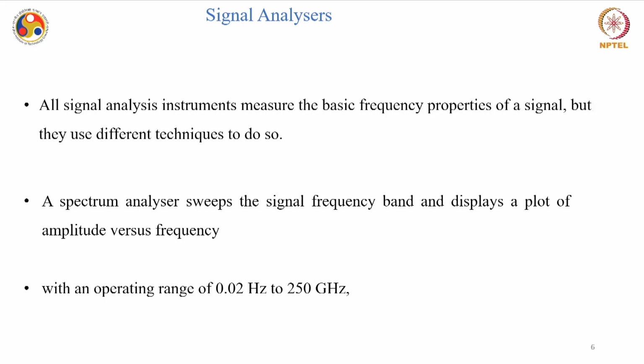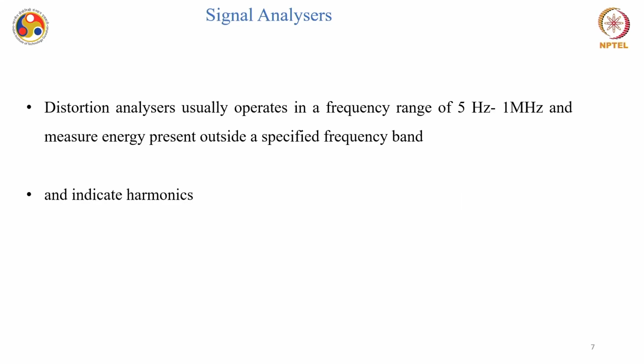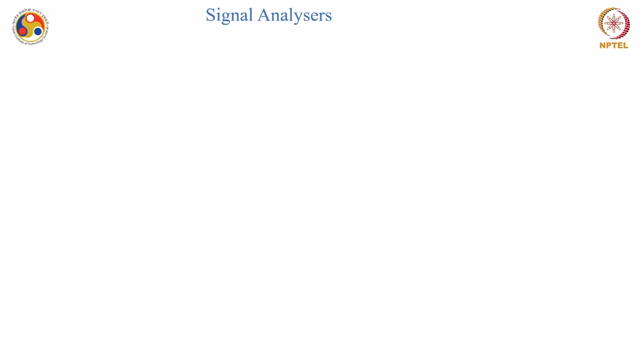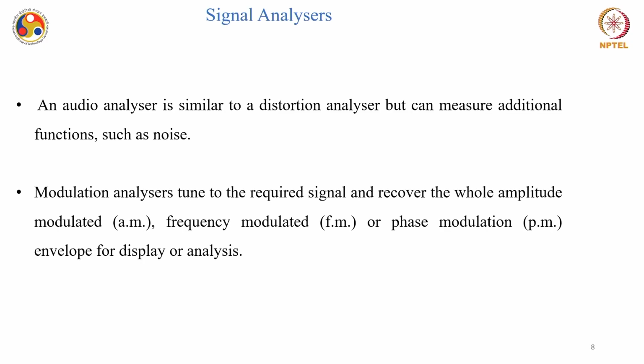We have distortion analyzers which usually operate in the frequency range of 5 Hertz to megahertz and measure energy present outside a specific frequency band and indicate the harmonics. Similar to the distortion analyzer, an audio analyzer can measure additional functions, for example noise in the signal.